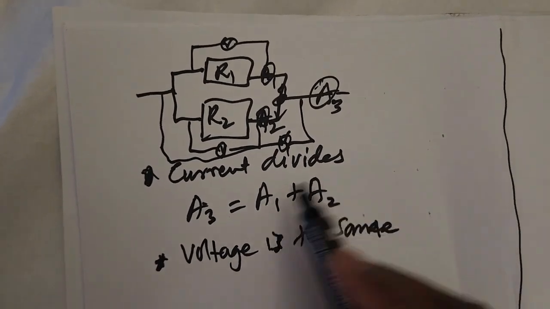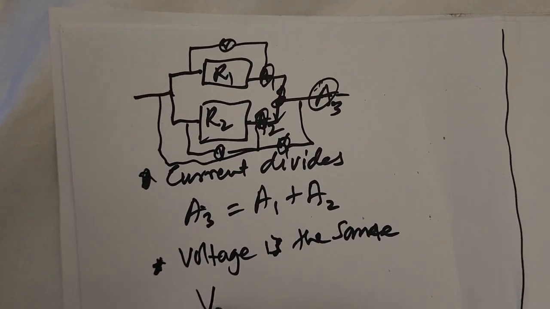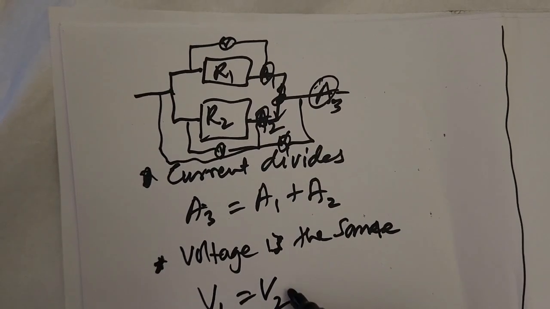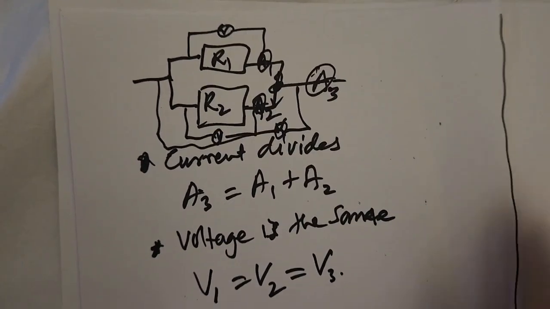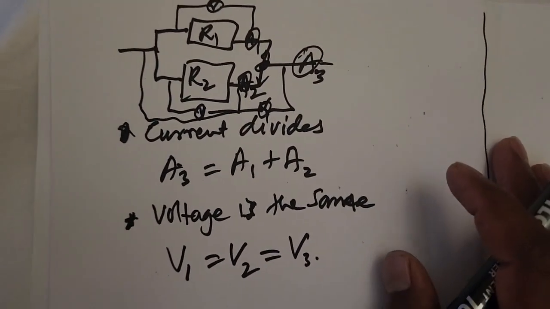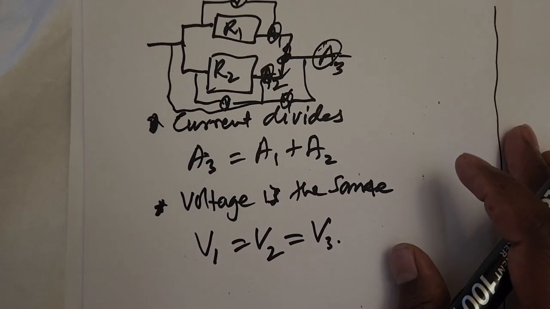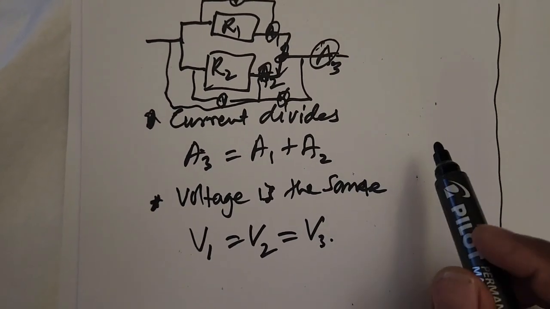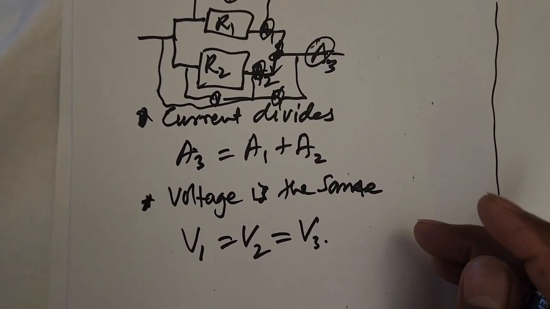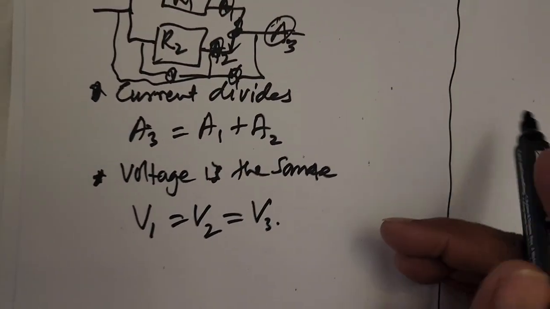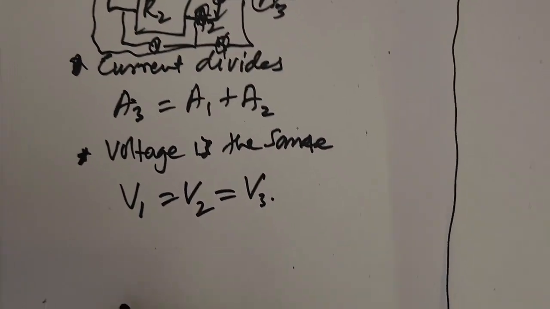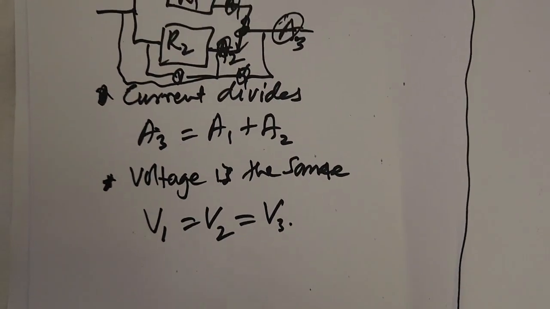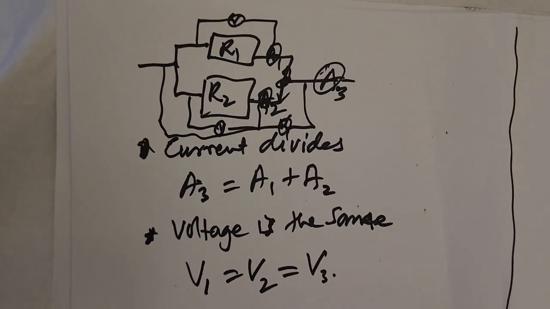So if there's a V1, V2, V3, therefore V1 will be the same as V2, will be the same as V3. So that is when resistors are connected in parallel. The voltage is the same, but the current divides. I think it's very clear on that one.